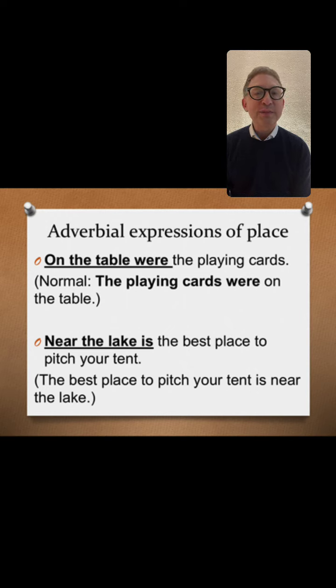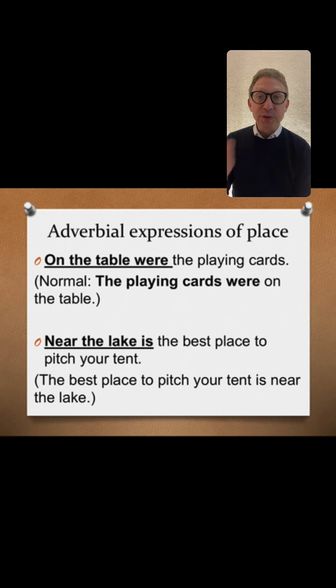So on the table were the playing cards. Now, why do we invert that? I think just because it probably flows a bit better. But this is how it is in English. The normal sentence is, of course, the playing cards were on the table.